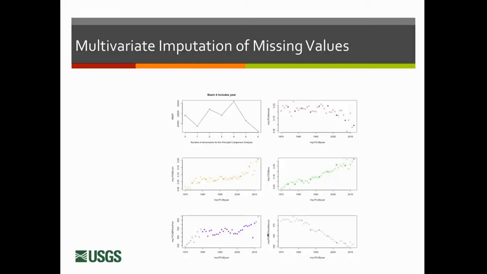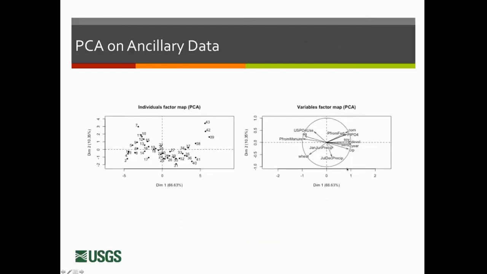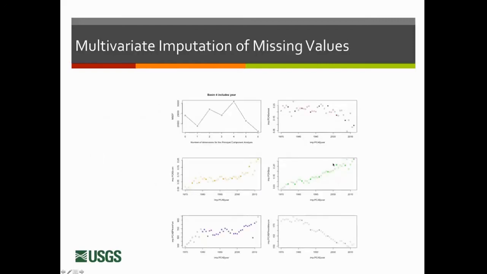Sometimes that is okay, but often it is inappropriate to do linear interpolation. If you have a multivariate data set, you can do principal component analysis on all those variables, like I did here, which models the underlying correlation structure, and then it can use that model to estimate missing values.